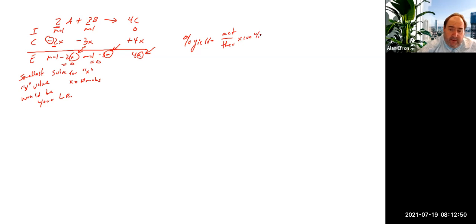And in textbook type problems, the actual yield is usually given to you. So somewhere in the problem, they'll say you actually yielded this much or produced this much of the product. Theoretical yield is, as we were just talking about, from the equation and your starting amounts, how much product you would produce. And again, that's based off the limiting reagent always. And obviously times 100 gives you your percent yield.